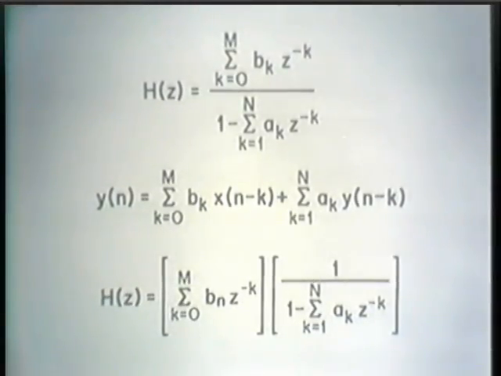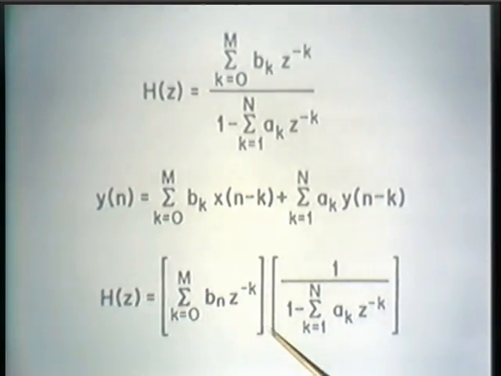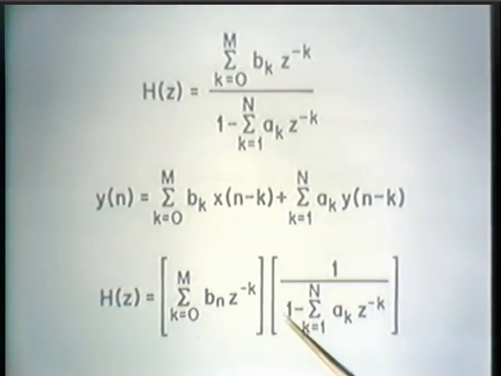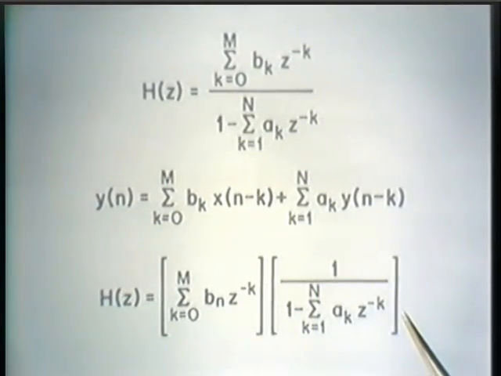What this suggests is that we can imagine implementing this system by implementing a system which realizes this transfer function and cascading that, the cascade leading to the product of the system functions, with a system that implements this system function.